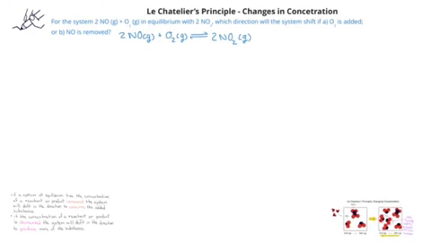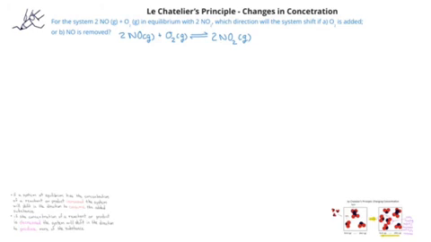In this question, we're given the system 2 NO gas reacting with 1 mole of O2 gas to produce 2 moles of NO2 gas. And we're asked, which direction will the system shift? First, if O2 is added, or second, if NO is removed.